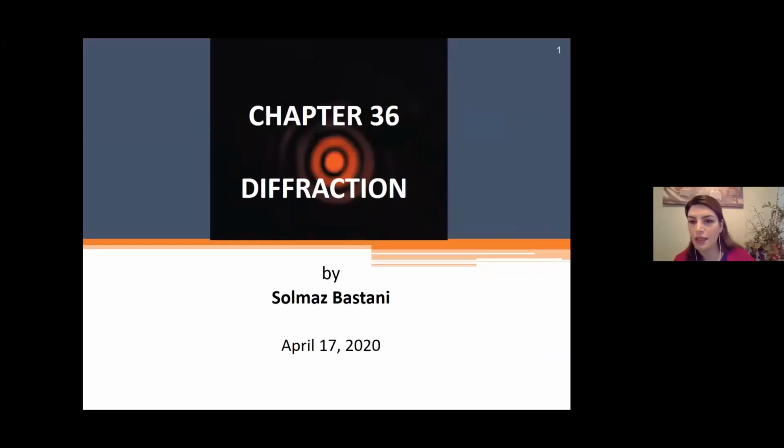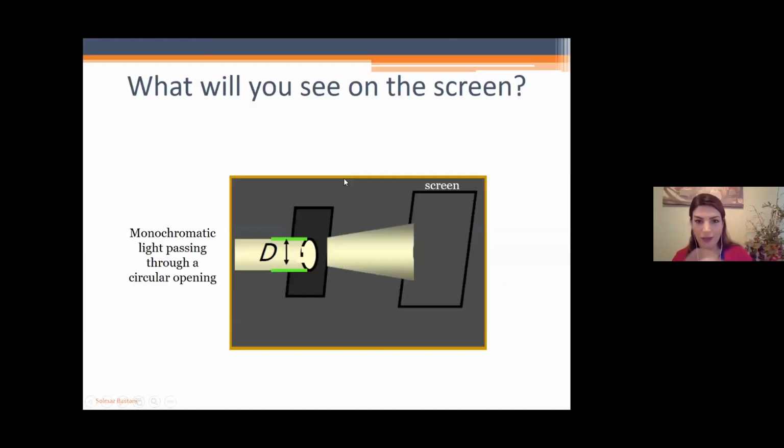All right, now, what I want everyone to do as a wake-up exercise is to grab a paper and a pen. So if you don't have anything in front of you, please just go ahead and grab a piece of paper. I want you to imagine that you have a monochromatic light passing through a circular opening like you see here.